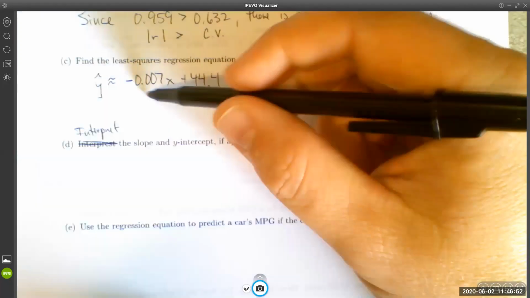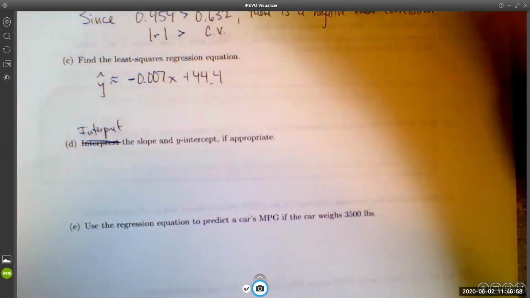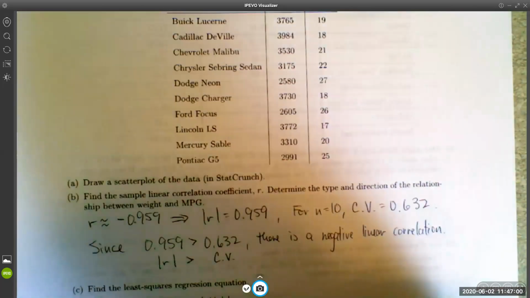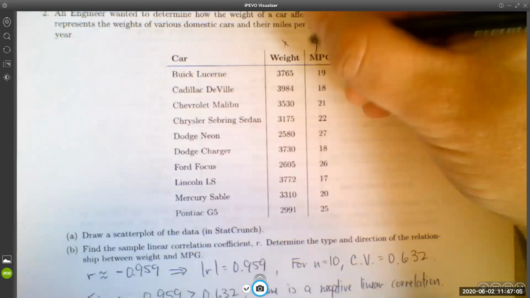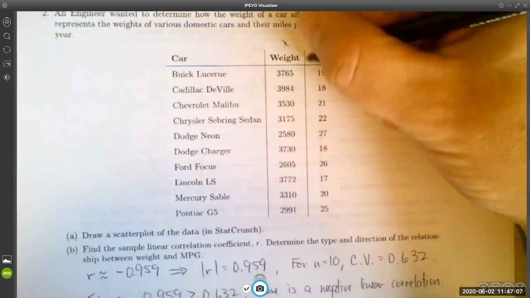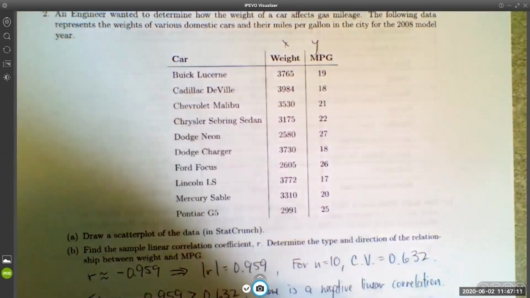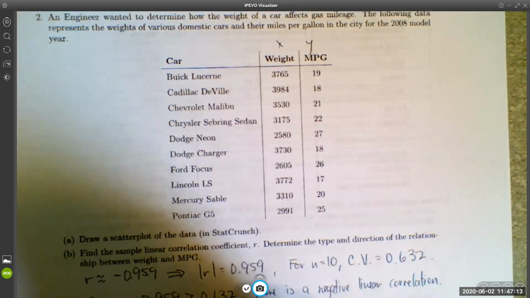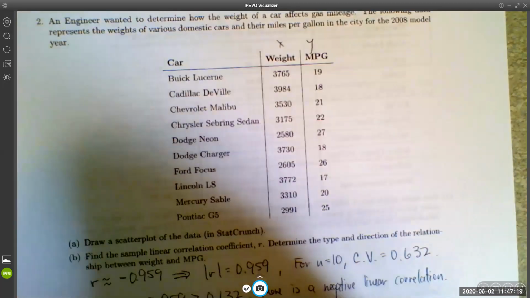Well, the slope is negative 0.007. Slope is rise over run, so it's y over x, right? So it's miles per gallon over weight. If I'm thinking of this as negative 0.007 over 1, then this is miles per gallon over weight.